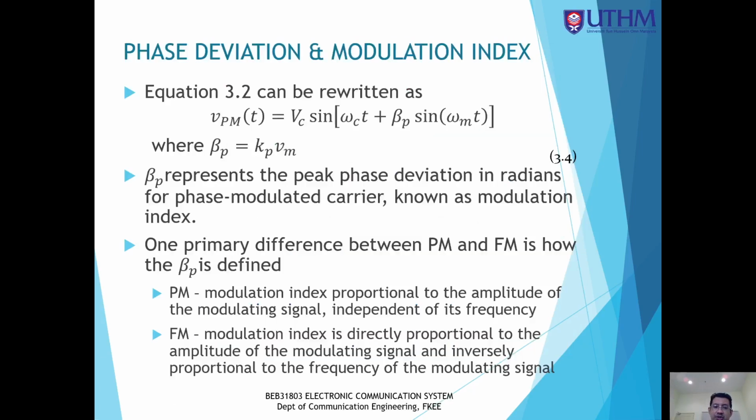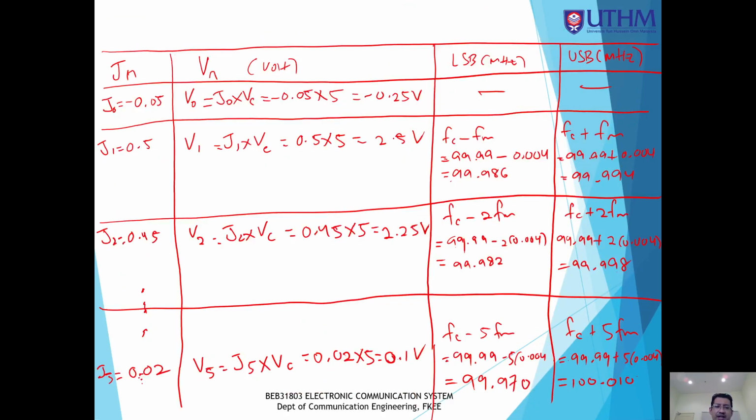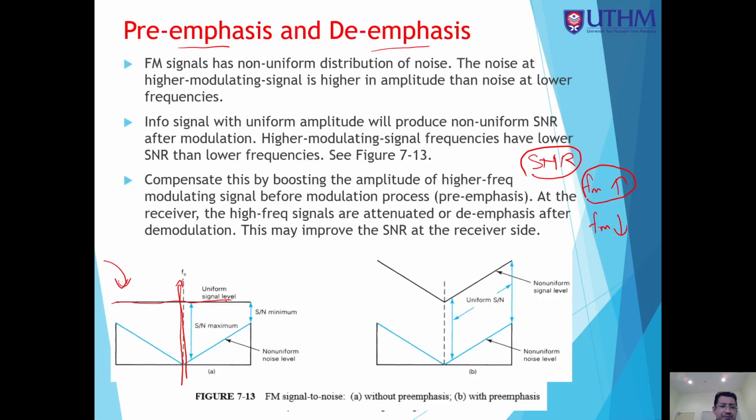Okay, so you see that if I go back to the slides, if the modulating signal frequency is higher, that means the noise level will be increased. Okay, this is FM values, also FM values. So if you use a higher FM value, that means we will produce higher noise level. Okay, higher noise level for the higher modulating signal frequency.